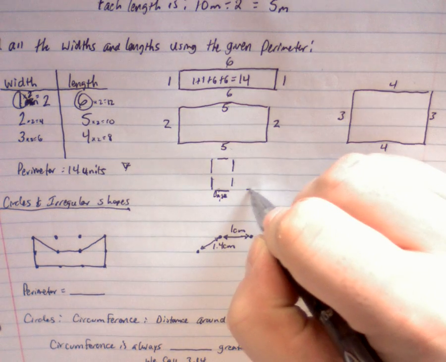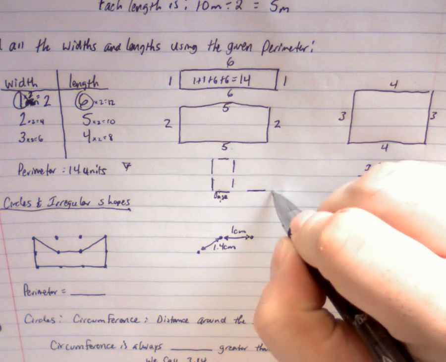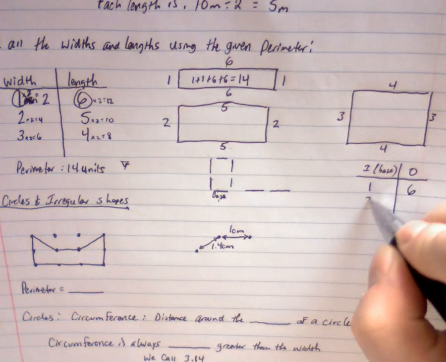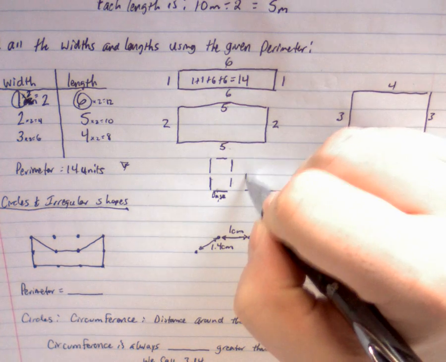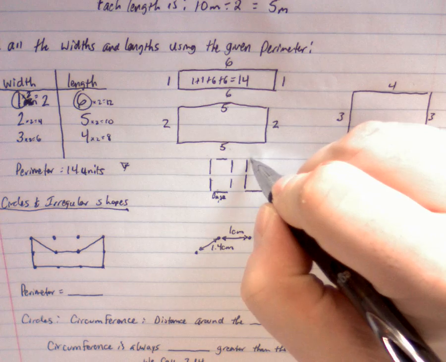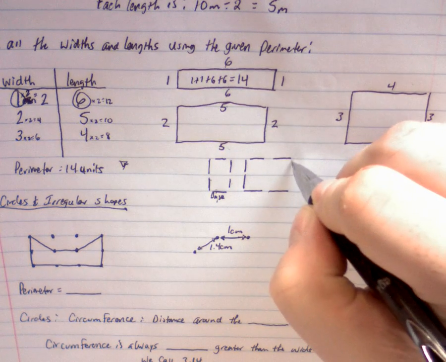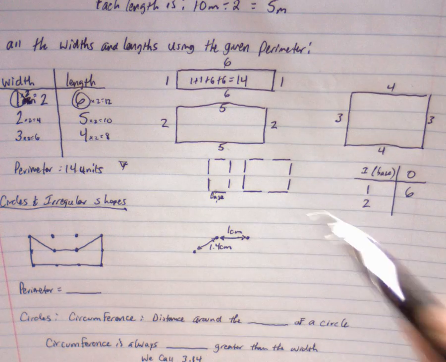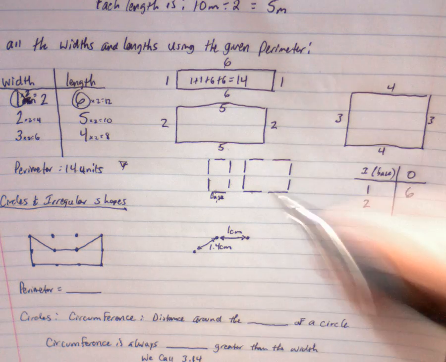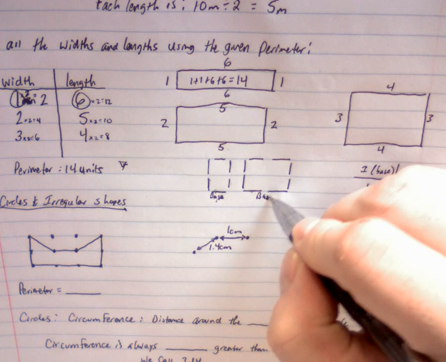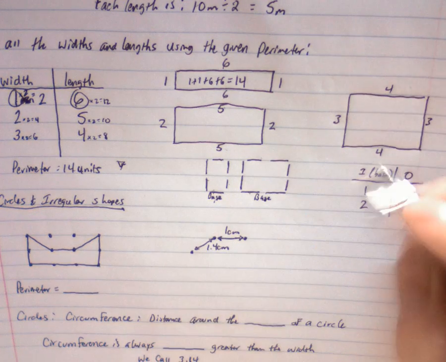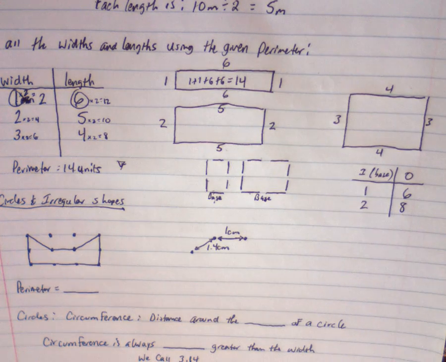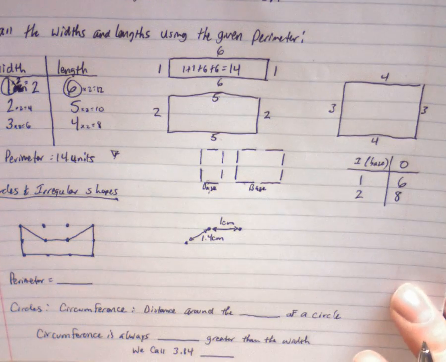Now what if we change that and we have a base of 2? So your input's 2. And so your perimeter is going to change. 1, 2, so this is the base down here at the bottom. 1, 2, 3, 4, 5, 6, 7, 8. So your perimeter becomes 8.